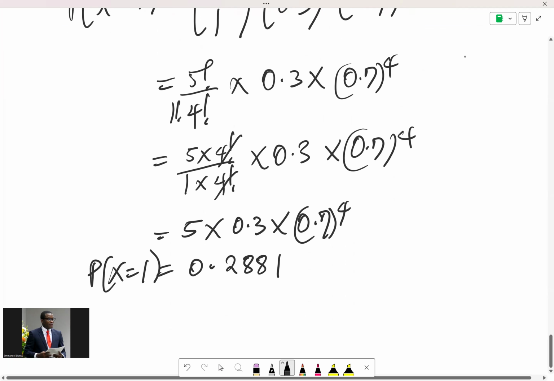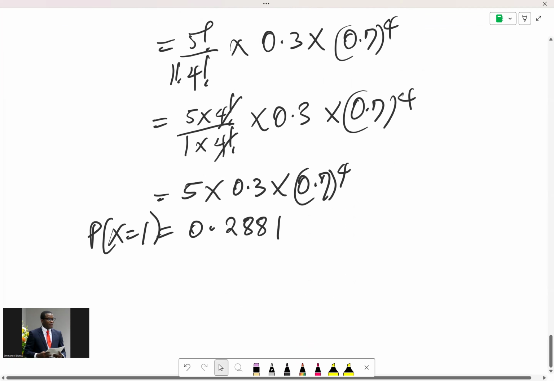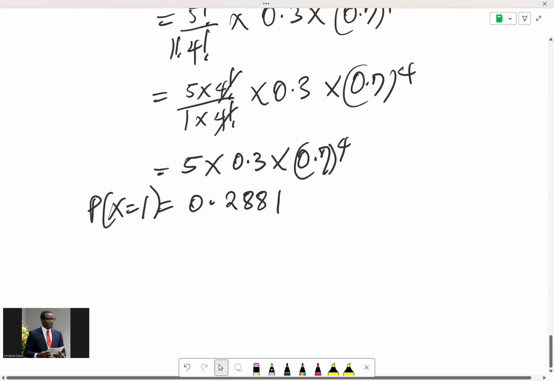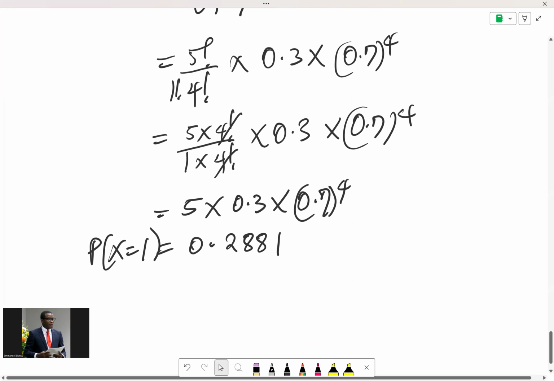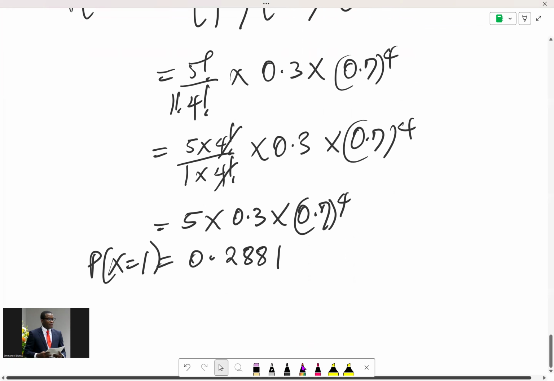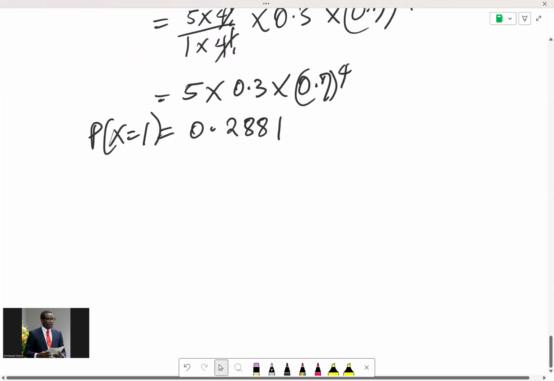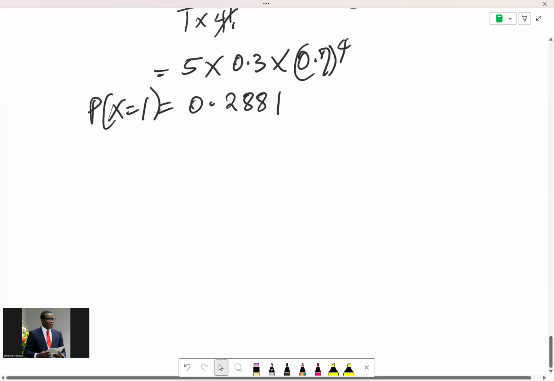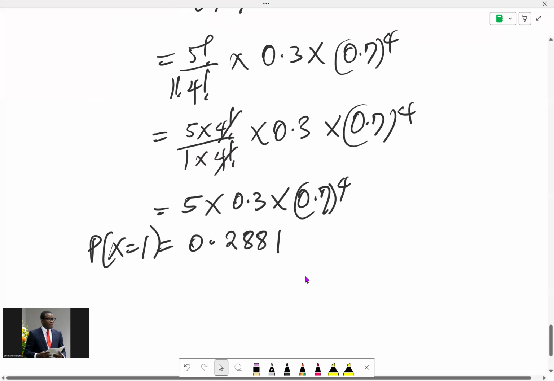Then we also need the probability that x is equal to 2. Did we do that right? That's 5 times 0.3 times 0.7 raised to power 4, so that is 0.2881. Okay, I'll check that again before we continue in case there was an error.